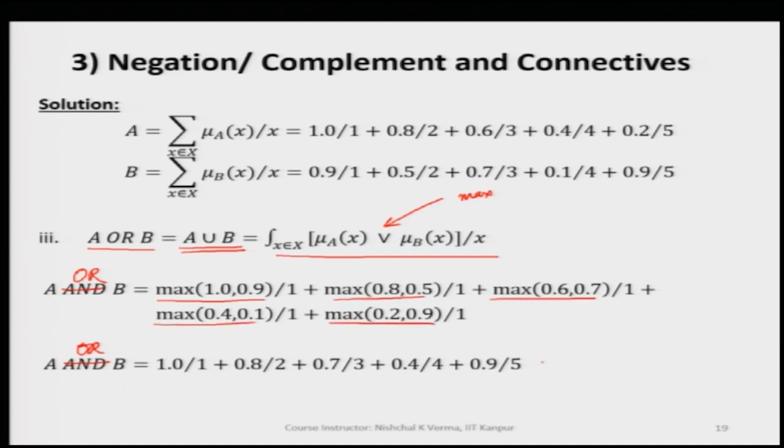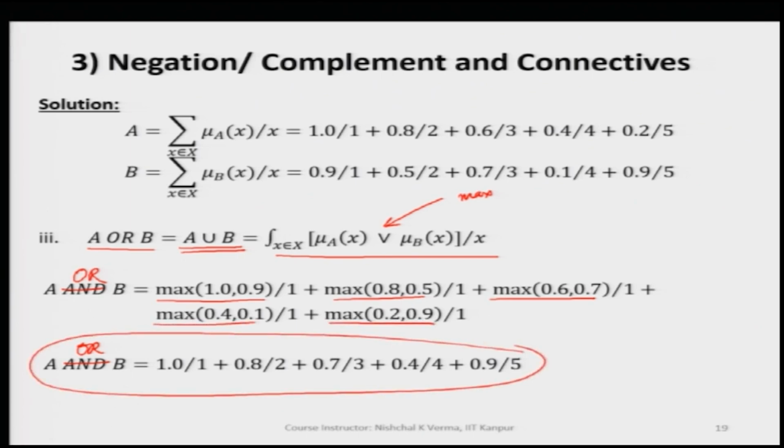So, connecting A and B by OR, we are getting a new fuzzy set here. So, OR is the connective.